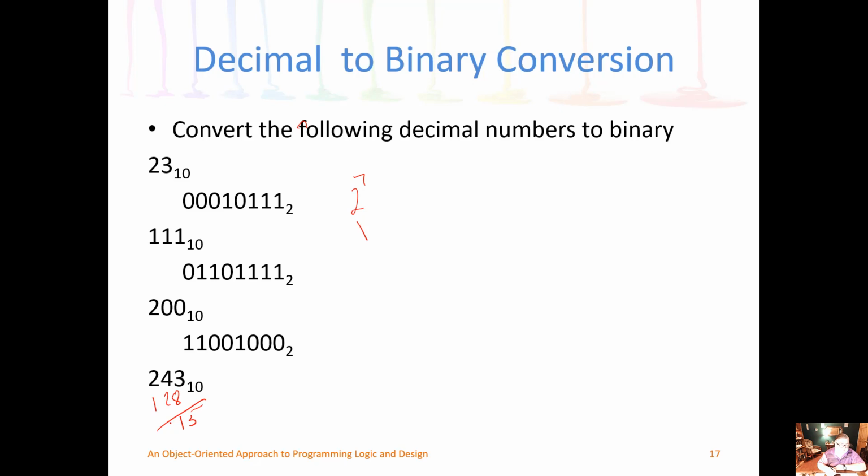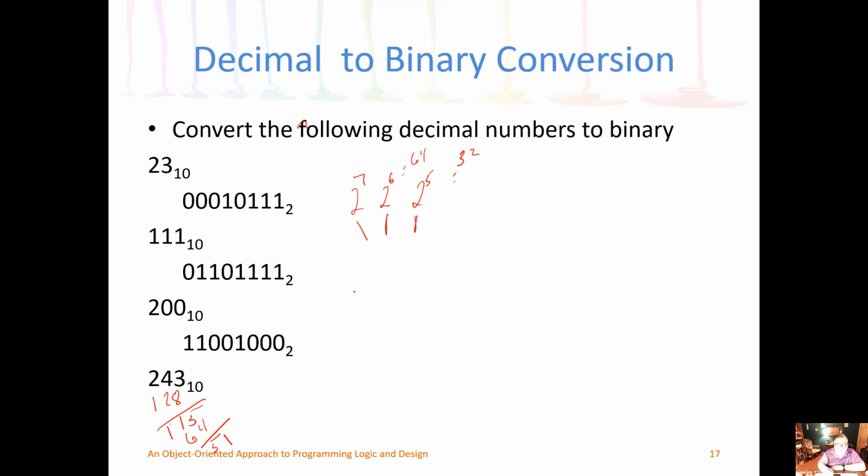And was that 115? Yep, 115. Okay, so now I got 2 to the 6, which is equal to 64. So I can subtract 64 from there. 115 minus 64 is 51. 2 to the 5th, which is 32.